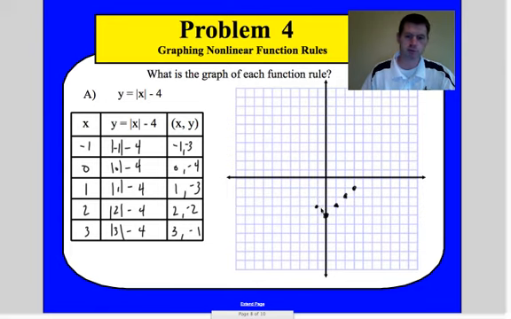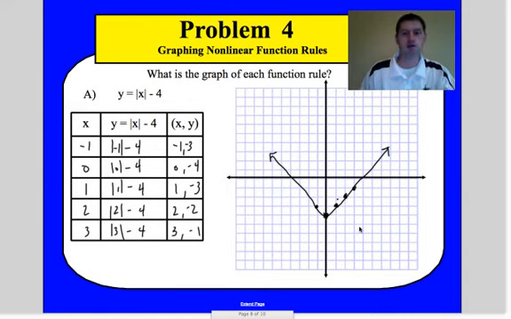Now if I pick more coordinates this way, I'm going to follow the same path going up. So what this one looks like is it goes like this, and then it goes back up this way, and it makes a V. That's what absolute values will look like. We'll look at this a lot later in the year, and also in Algebra 2, you'll really hit these and what they look like.